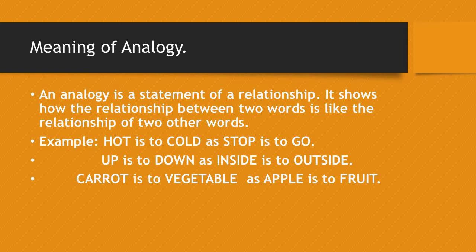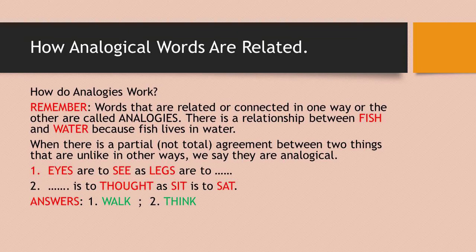Now we're making a little progress into analogies. You would ask me how analogical words are related. How are they related? Or to make it very simple for you, how do analogies work?